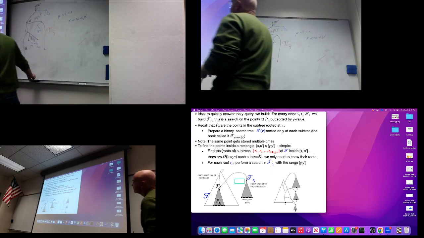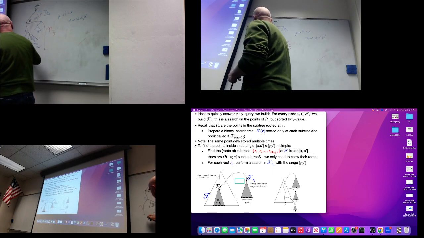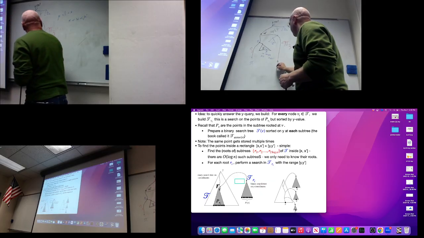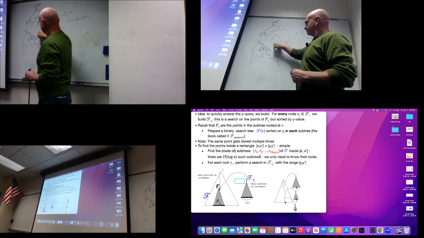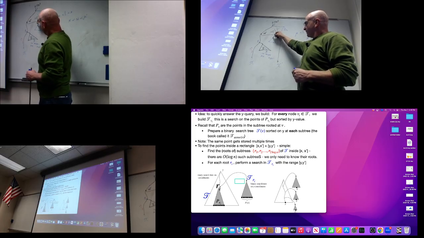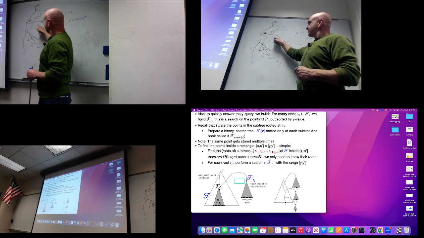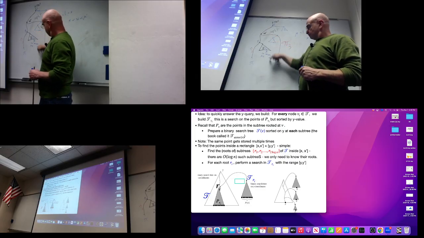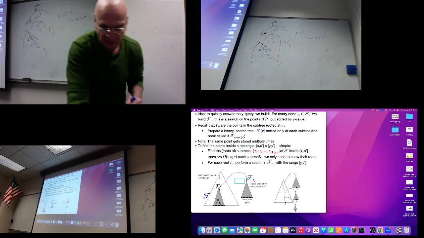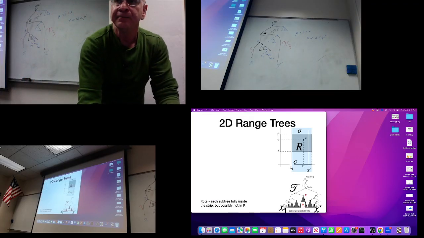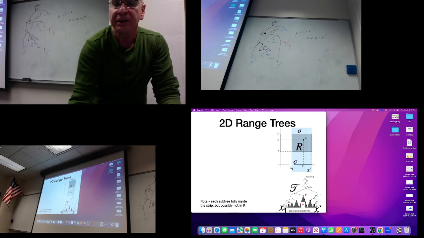That would be this notation x and x prime. Here is a subtree. Normally I would know that all the points in this subtree are between x and x prime. They are in the infinite strip that we saw in this slide. It is everything between x and x prime.